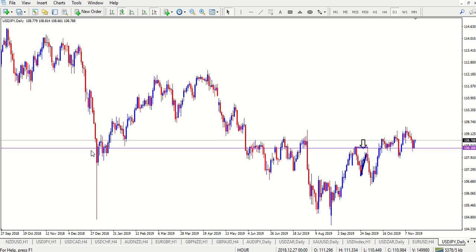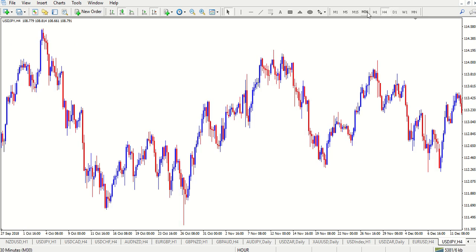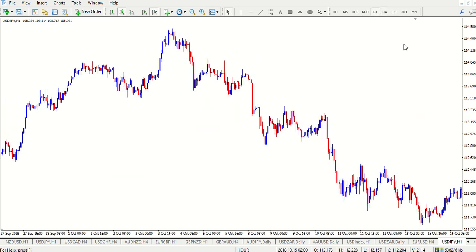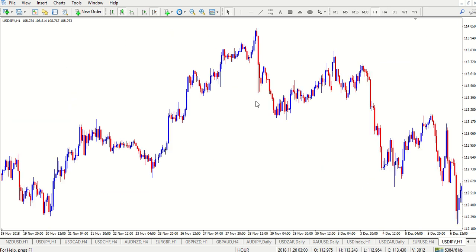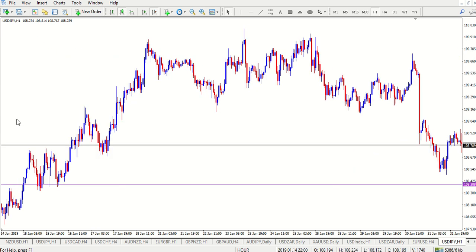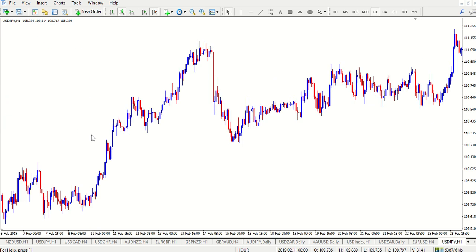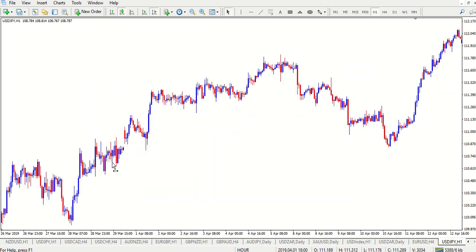It was just a nice big reaction, and you could have made a lot of money based on the hourly chart or the 4-hour chart, even the daily chart, in fact, as well. Though price would have moved down for a few days.